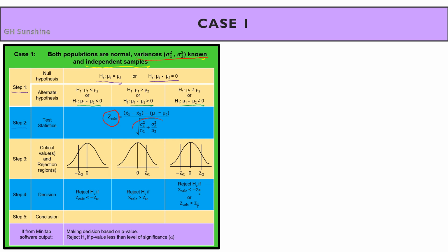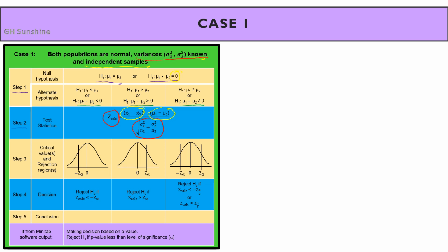That's why we will use sigma here: sigma 1 squared over n1 plus sigma 2 squared over n2. Then x bar 1 minus x bar 2, and mu1 minus mu2 is normally equal to 0.